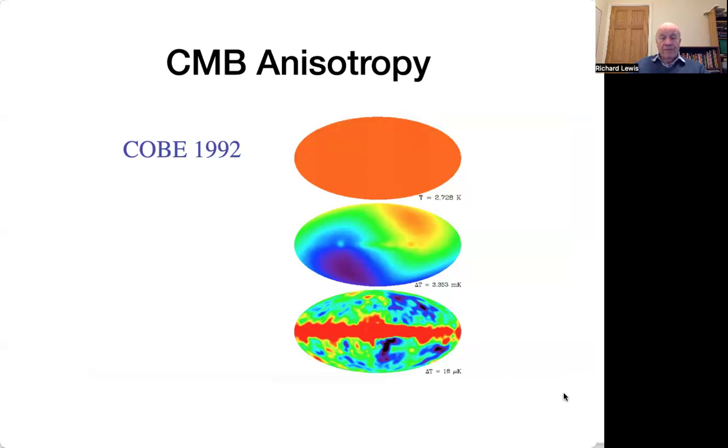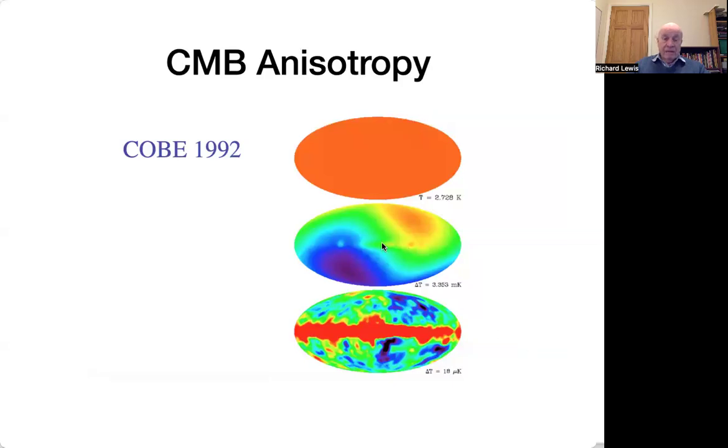In fact, the cosmic microwave background looks very uniform if we just treat it as 2.728 degrees Kelvin, and it's only variations at 1,000th of a degree that we see this anisotropic variation, and it's only at variations of 1/1,000,000th of a degree that we see the detail of the variation that was shown in the previous slide.